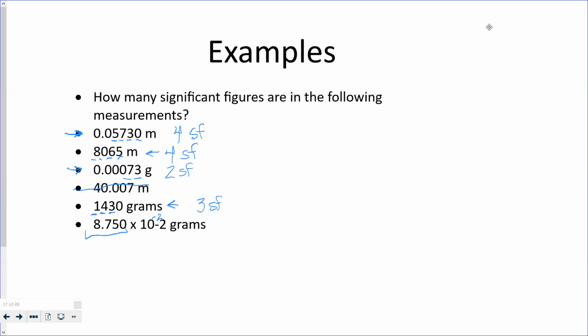So here, there is a printed decimal point, so we start on the Pacific side, reading from left to right. Our first non-zero digit is the 8, and once we start counting, we count every digit after that. So this number has 4 significant figures. So practice that, and really it's going to be those zeros either at the front or end of a number that we're going to be questioning whether they count.